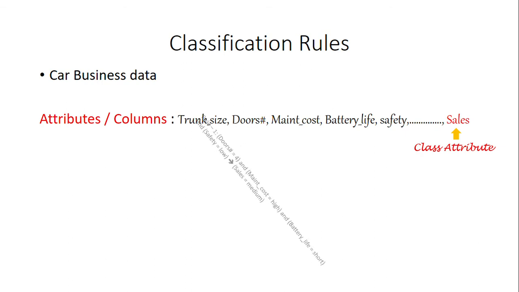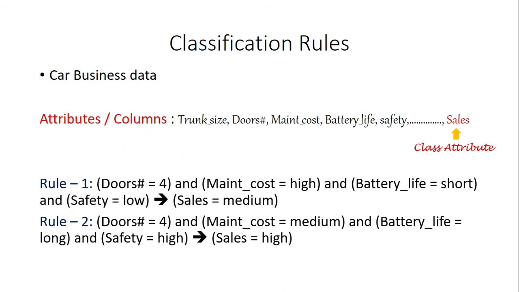So, classification. Many classification rules can be formed for a particular dataset if that dataset is good. It basically says that if the doors count is 4 and the maintenance cost is high and the battery life is short and the safety measures are low, the sales is going to be medium. So like this, it forms many rules.